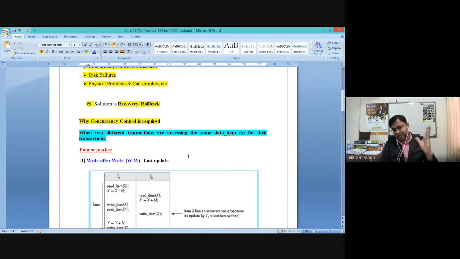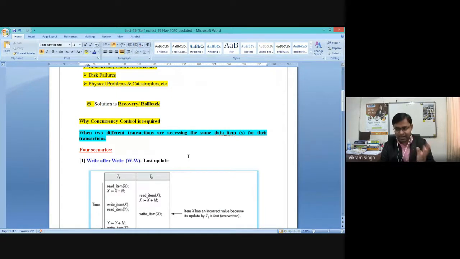There is a conflict because of read also, but whenever I say conflict, there is at least one transaction out of two, or out of many, who is trying to update the data item, right? So it can be write-write, write-read, or read-write. So this last case, read-read, is not a problem.